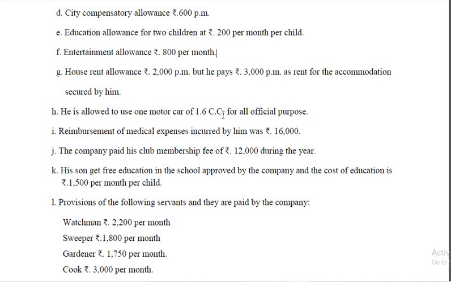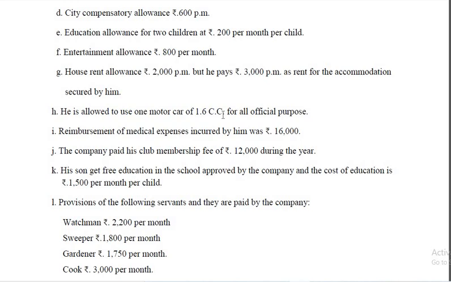If the employee is a government employee, then deduction is available. But here no deduction is available as the employee is not a government employee, so no deduction under section 16 subsection 2, that is deduction from gross salary.